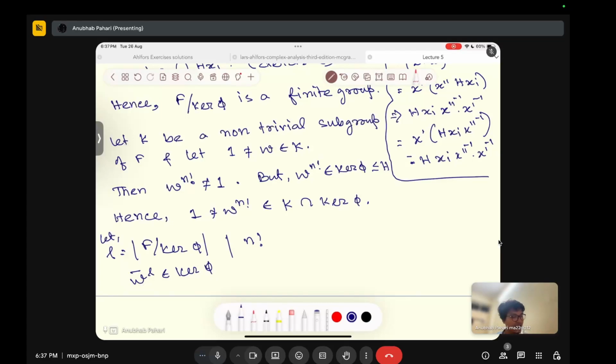Any element from a finite group, its order should divide the order of the whole group. So it's L to the power order of the group, and the identity of this F mod kernel phi is basically kernel phi. So when you put the power L, it will go to that kernel phi. Now, if I write more properly, this should be E bar, that implies that W to the power L belongs to kernel phi.